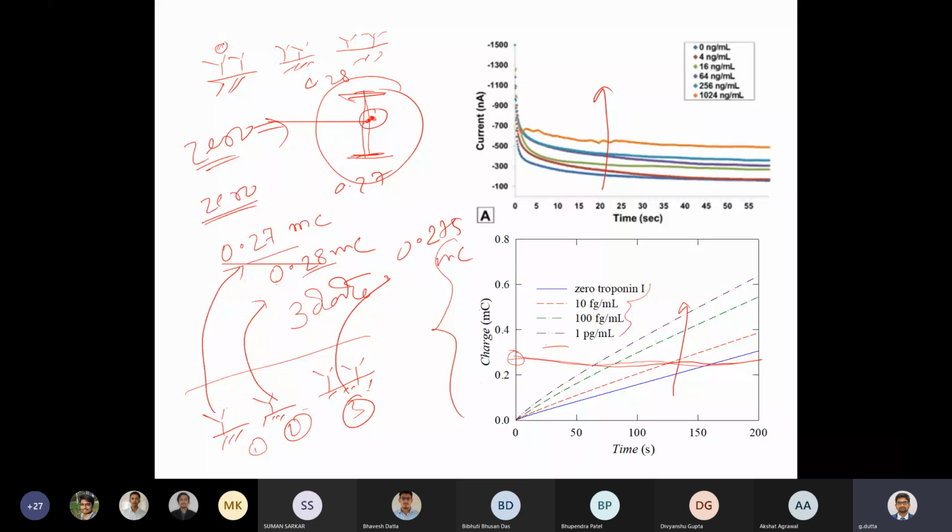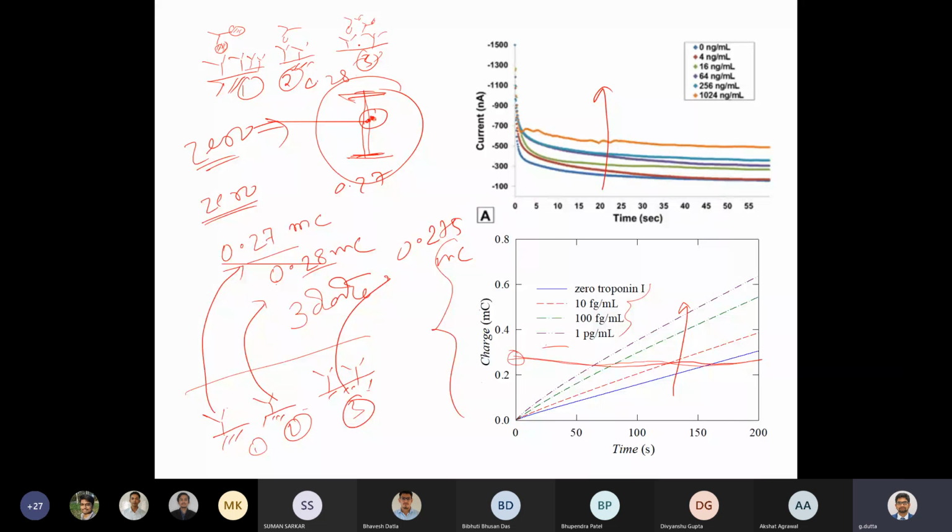Although you have thousands of antibodies on the surface, maybe one antibody will bind with your target. Because of one antigen, you will get one secondary antibody conjugated with gold. Similarly, maybe here also you will get one, but somehow here you got two, maybe because of some error.